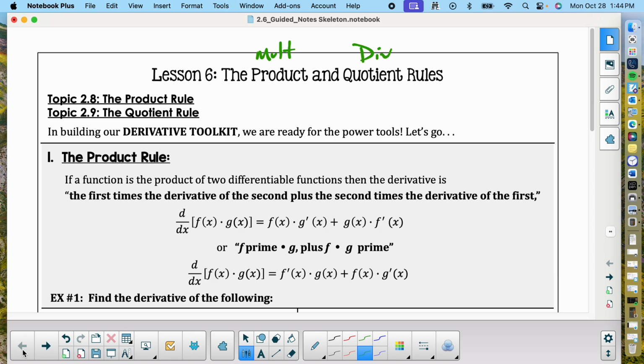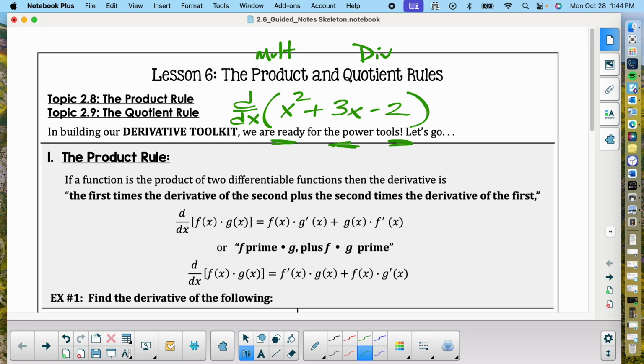Okay. If you look at number 2 on the formula sheet, you can take the derivative of things that are added and subtracted individually. And that's absolutely what we have been doing. If you have a polynomial equation, we've been taking the derivative of each term individually.